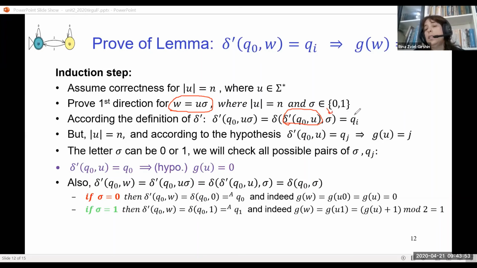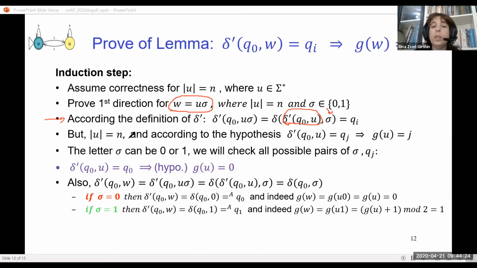And this transition will end in one of the states, either Q0 or Q1. So here I am just using the definition of the transition function. I don't claim anything. First of all, I have to check where I get when I read my prefix U. Then I do one additional step: where do I go with the letter sigma?